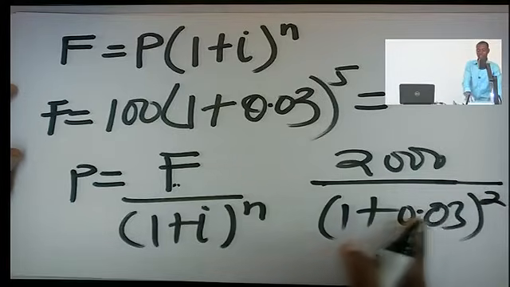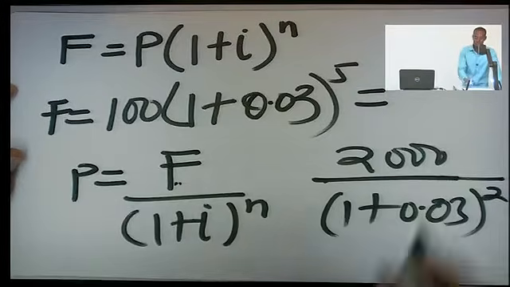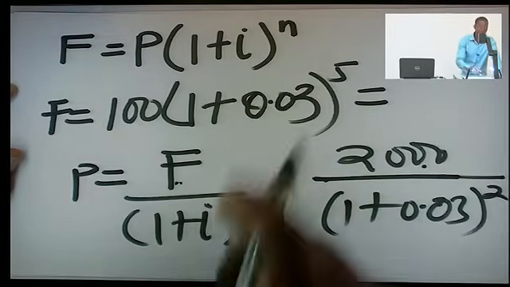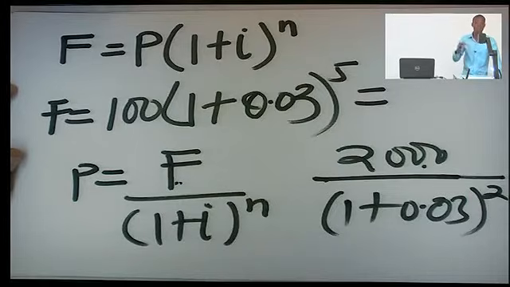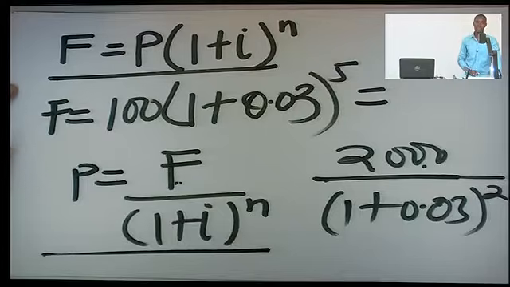And whatever this expression would give me would be the present equivalent of these 2,000 cedis. And so these two expressions will form the basis for whatever we are going to do. If you want to find the future sum of a single amount, this is the expression. If you want the present value of a single amount, this is the expression.